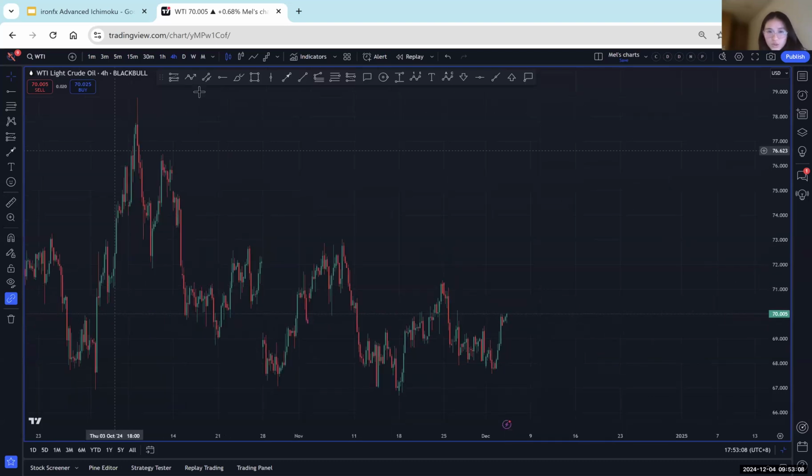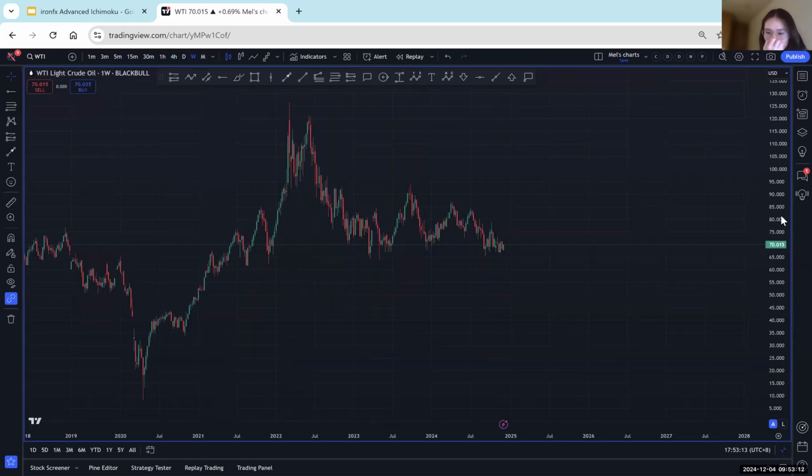Okay, so on our weekly time frame, we can see prices generally moving downwards. Do I use zigzag? Is that an indicator?